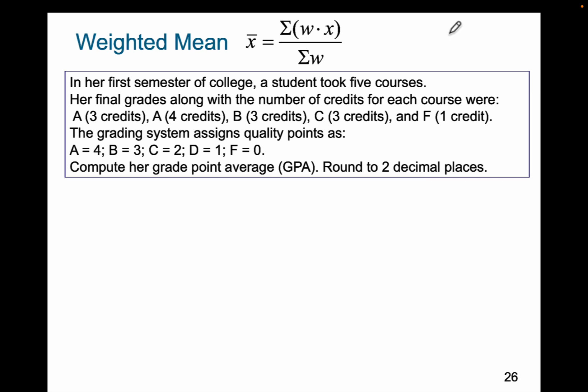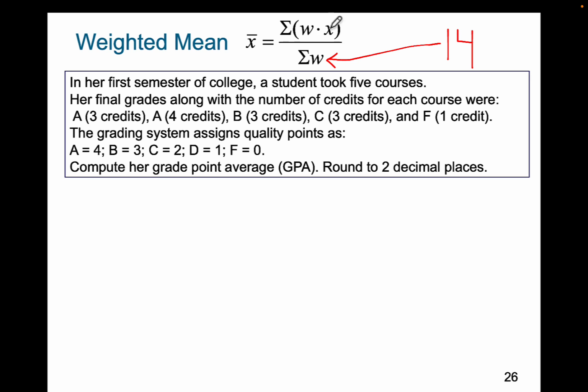5 classes, 14 units. So the total weight is the denominator. Adding up all the units, she has 14 total. To find the numerator, we're going to have to add up each of her units multiplied by what letter grade she got.